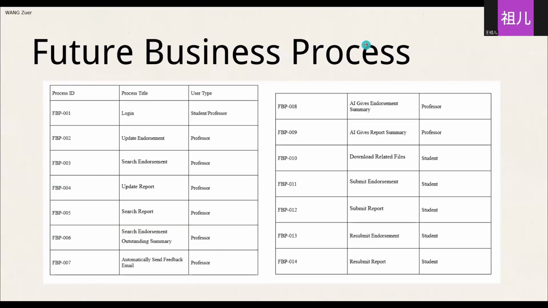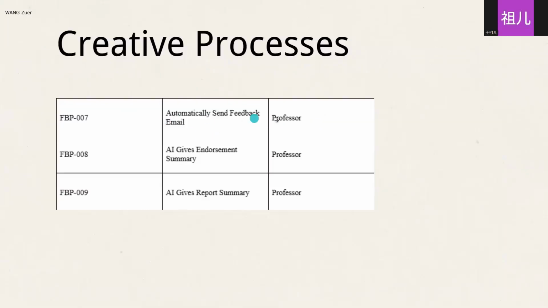Okay, now let me continue to introduce this part. So these are our future business processes, and we have 14 processes in total. And the three most creative and important processes I want to emphasize are these three.